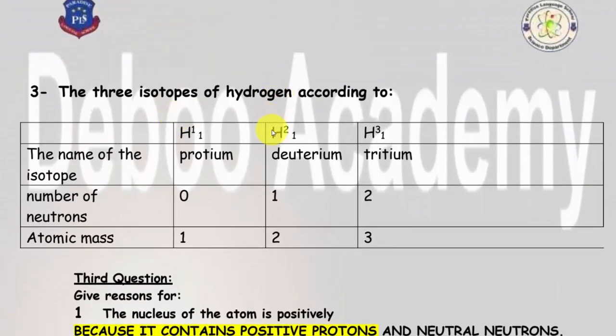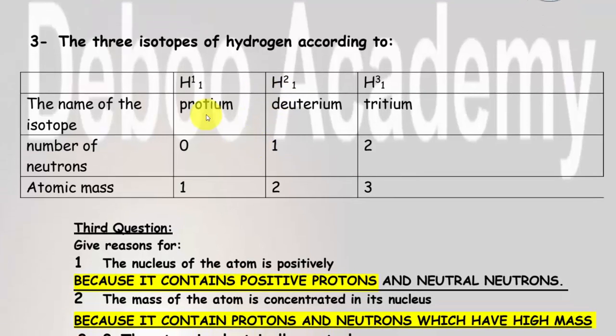The 3 isotopes, yes, we explained them before: H 1 1, H 1 2, H 1 3, protium, deuterium and tritium. Here the number of neutrons equals 0, here equals 1, here equals 2, because 1 minus 1 equals 0, 2 minus 1 equals 1, 3 minus 1 equals 2.